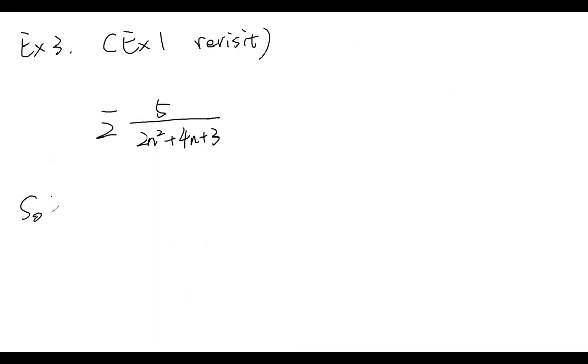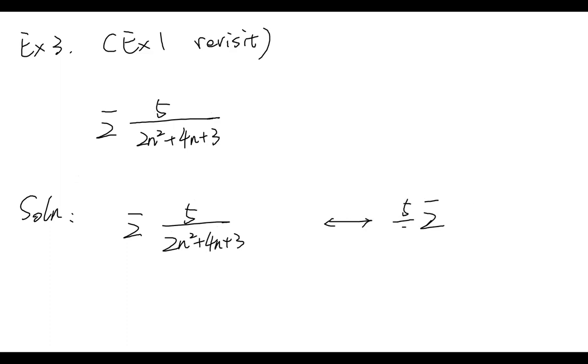Now, if we want to use the limit comparison test, we will still compare this series to the series sum of 5 divided by 2n squared. But this time we will not use the comparison test. We will instead use the limit comparison test.